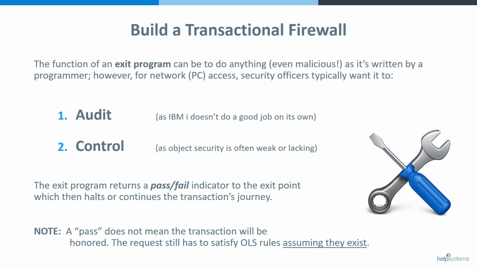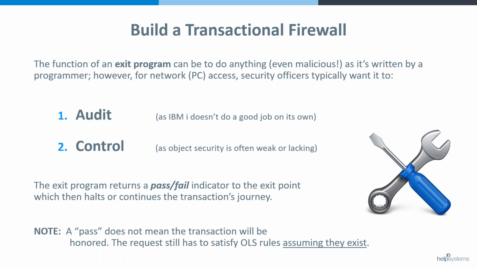All right. Now, the exit program could be malicious. I don't want to scare you, but the exit program is written by a programmer. It can do anything. So we're going to assume, for argument's sake, that this is a legitimate function written by an application programmer who was told or instructed to do this, and that they have created code that is supporting the security efforts of the organization, right?